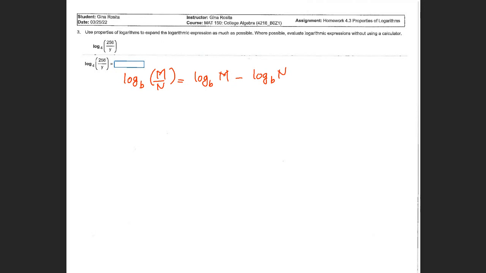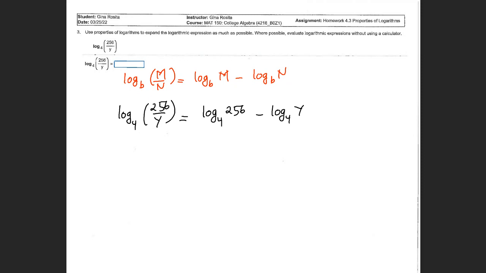Our problem is logarithm of 256 divided by y with base 4, which equals logarithm of 256 with base 4 minus logarithm of y with base 4.